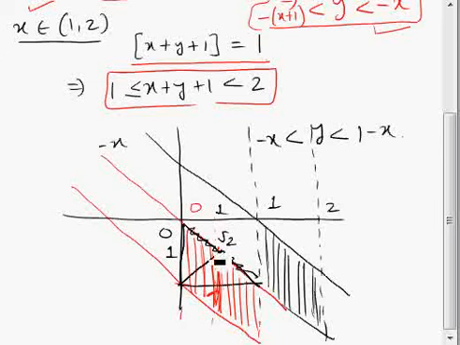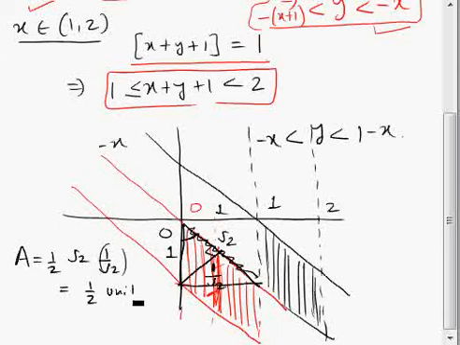We can draw a perpendicular from this point. This angle is 45 because this is the y equal to minus x line, so this is 1 sine 45, 1 by root 2. So using the half base into height formula, half base is root 2 and height is 1 by root 2, because height is 1 into sine 45. So the area of this triangle is half unit.